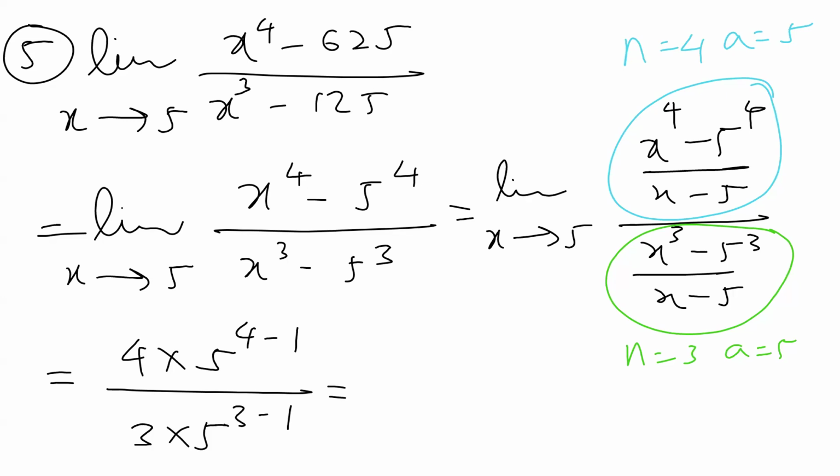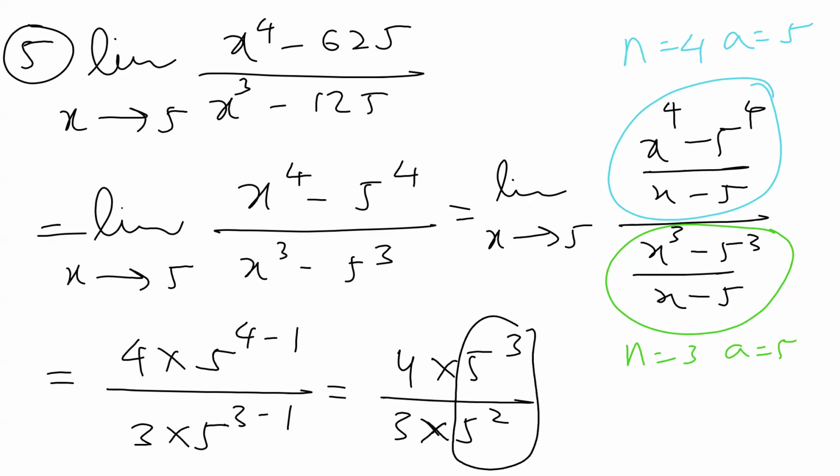Good. So this will be 5, so 4 into 5 upon 3, which is 20 upon 3. Do we write in mixed fraction? Not a requirement as such. That's fine. Okay, great.